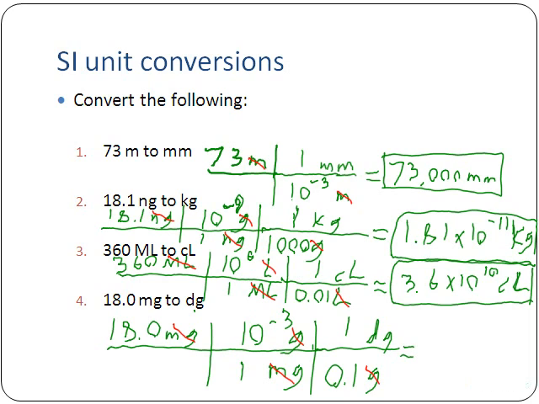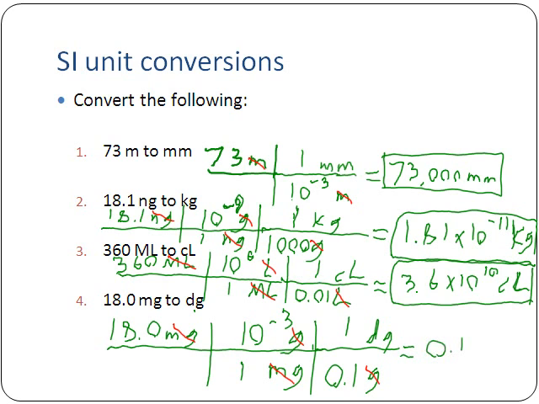So we'd say 18.0 times 10 to the negative 3rd times 1 divided by 0.1. And so doing that, we end up getting 0.18 is what my calculator gives me.